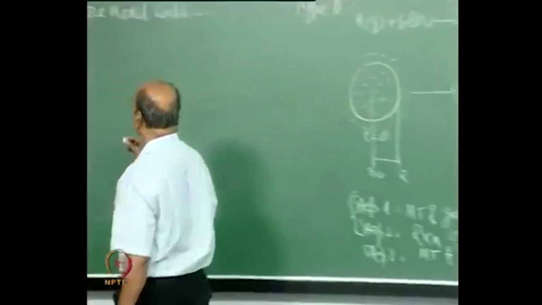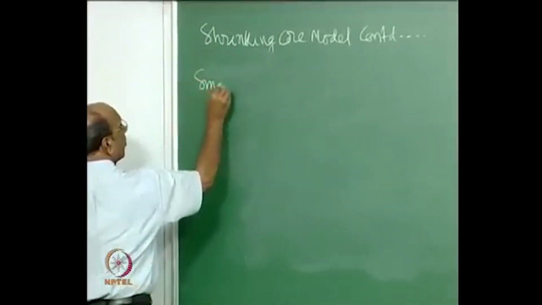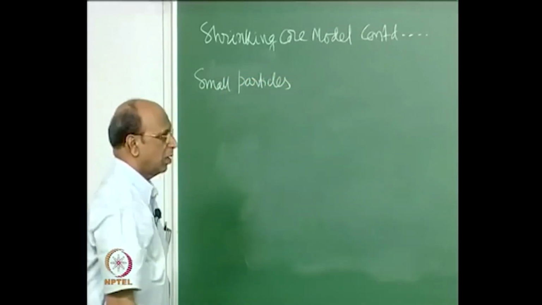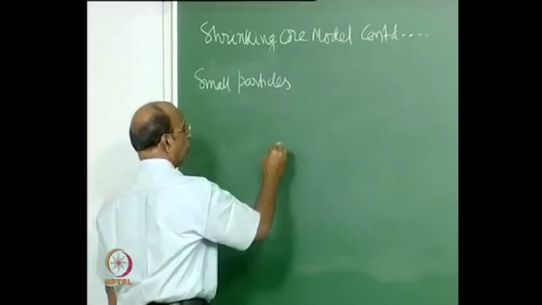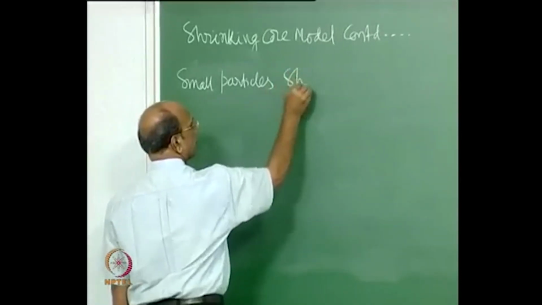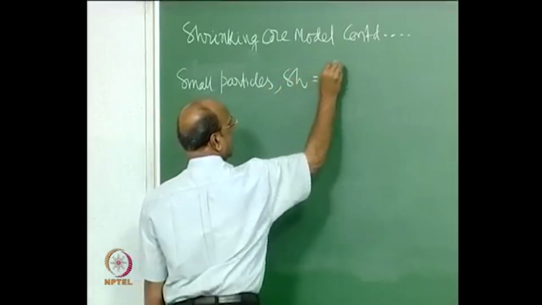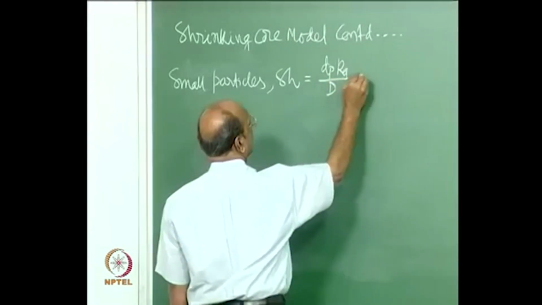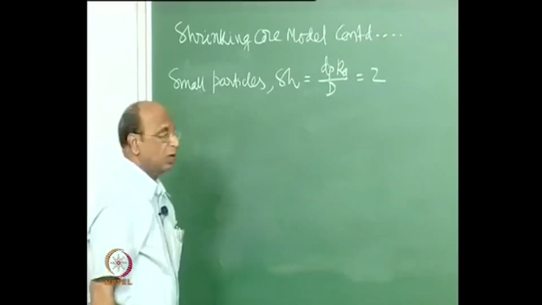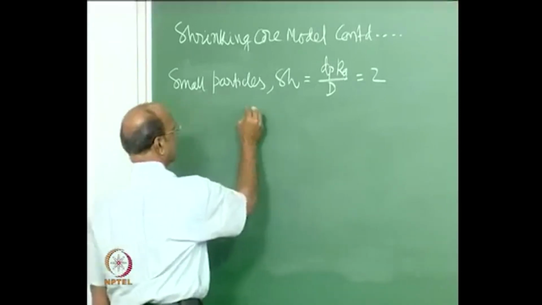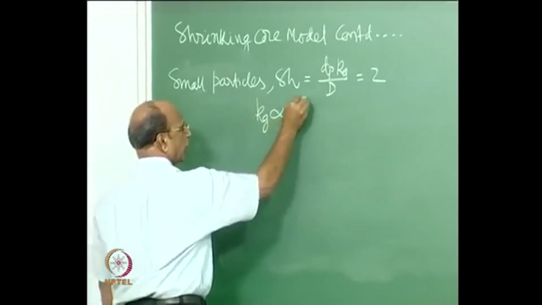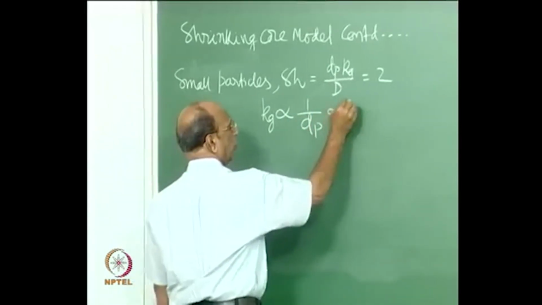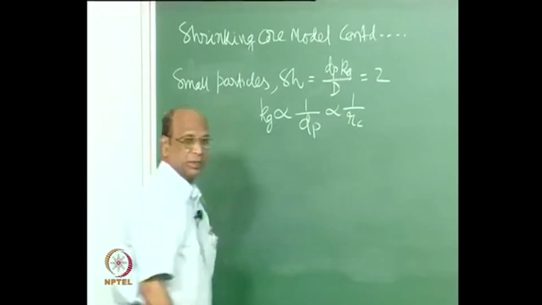For small particles, Sherwood number equal to 2, which is nothing but dP kg by D equal to 2. So, from this what you find out? kg is proportional to 1 by dP, or proportional to 1 by Rc, radius.